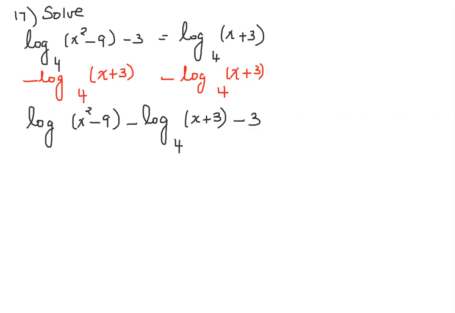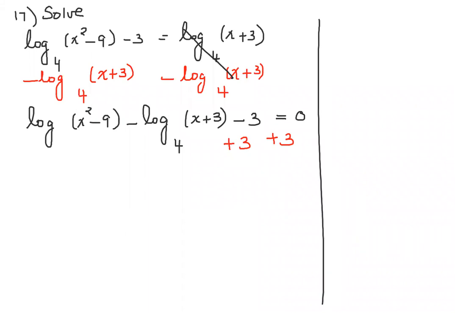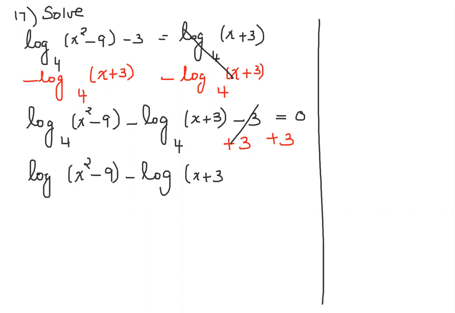So we are getting 0 on the other side. Now we have to move the 3 to the other side. So 3 gets cancelled. So now I have moved all the log to one side and number to the other side.